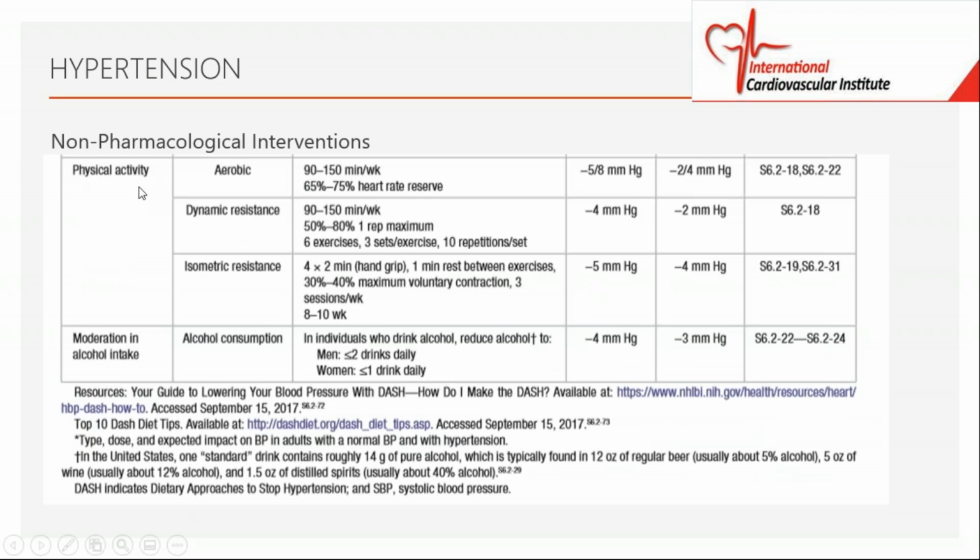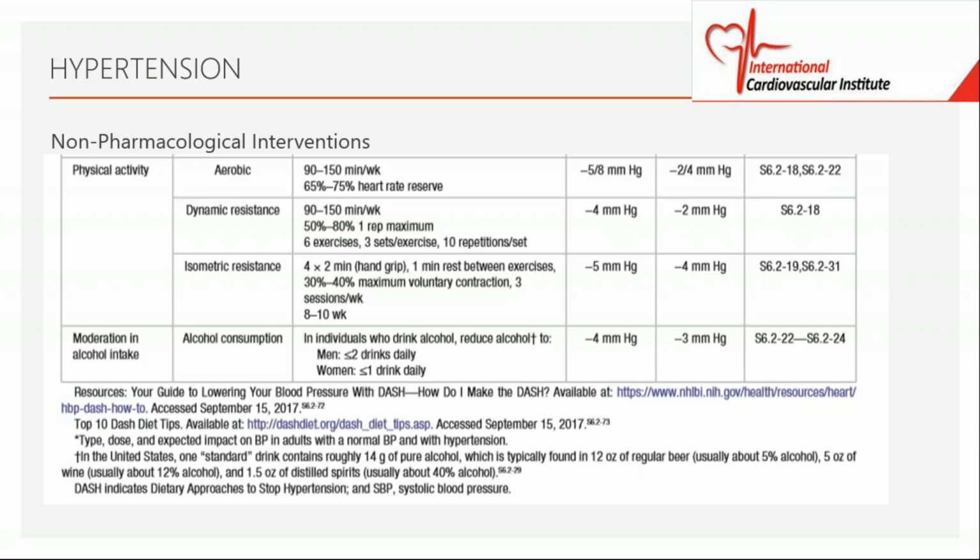And then physical activity. The patients will say, when you say physical activity, doc, what are you talking about? Aerobic exercise, and we talk about 90 to 150 minutes per week of moderate intensity exercise.